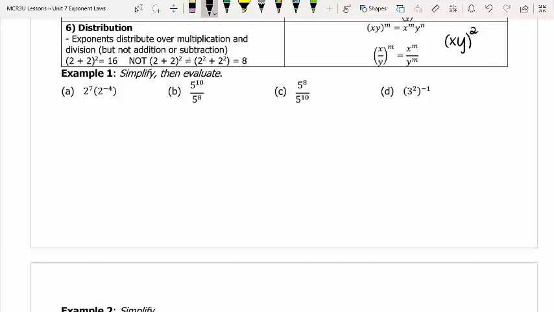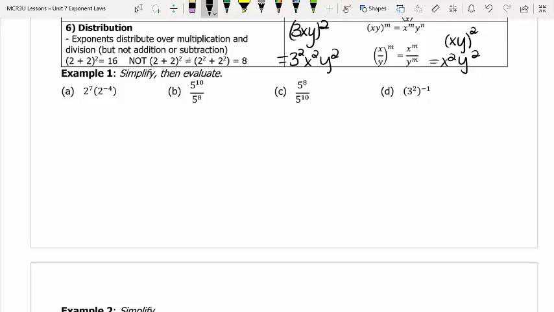So this would become x squared y squared. Now if it was 3xy all squared, everything inside of the brackets gets that exponent too, even the 3. So this becomes 3 squared x squared y squared.